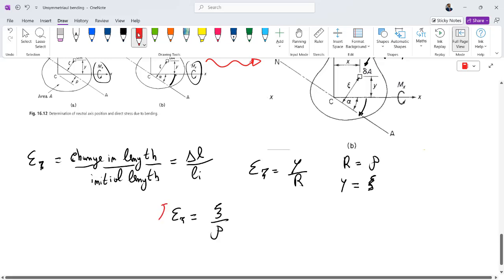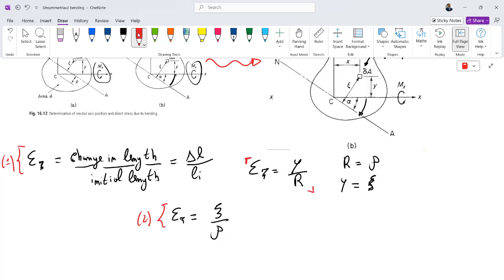This is the first equation, second equation. This is similar to the equation obtained from the previous lecture of the symmetrical bending. Now we can also express the stress sigma z, because as I said in the first part of this video, the material is linearly elastic, so it obeys Hooke's law.